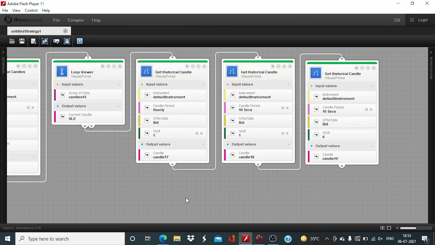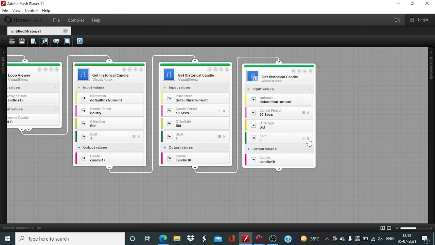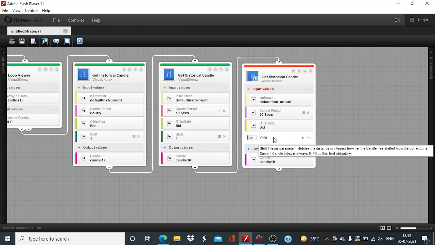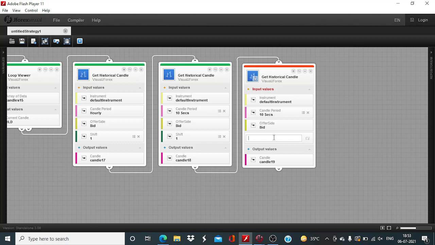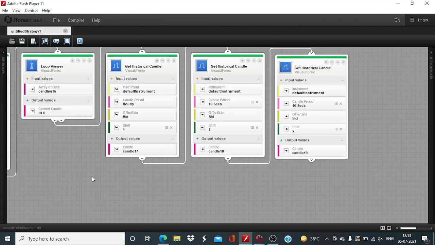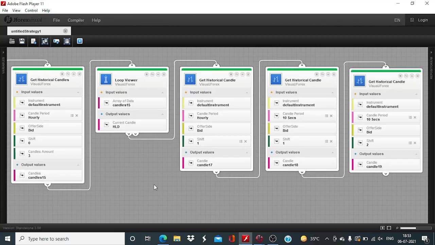This also has shift value 1, and in this case, loopback rate is going to be 2. So these are the basic building blocks for our algorithm, using which we will define the condition.